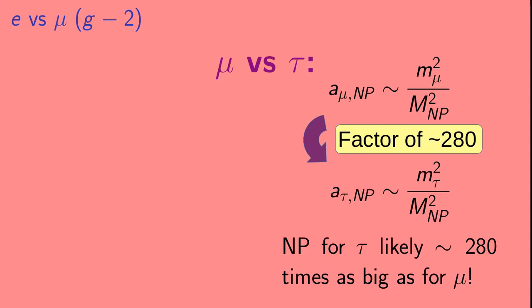While we're at it, let's also compare muon g-2 to tau g-2. So we did see that the effects of new physics in g-2 of the tau were expected to be of order 280 times larger than the effects of new physics in g-2 of the muon.